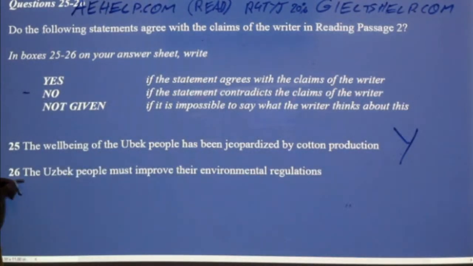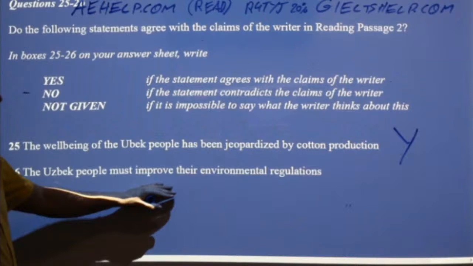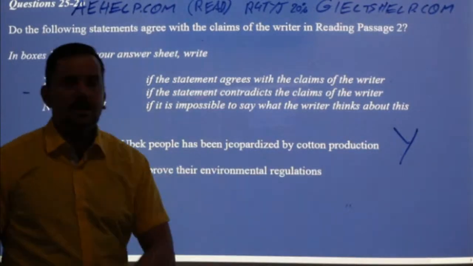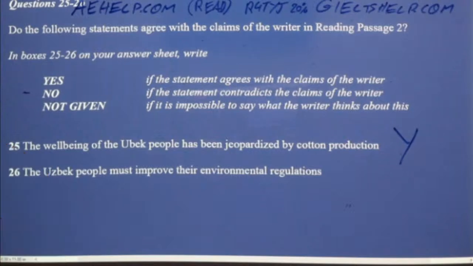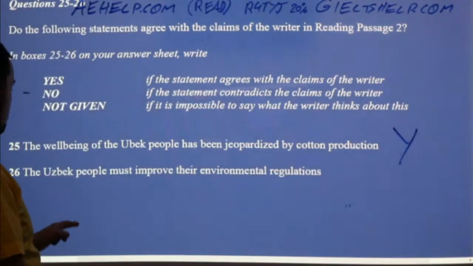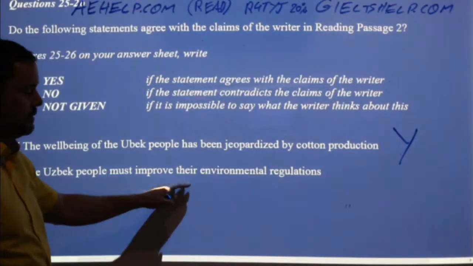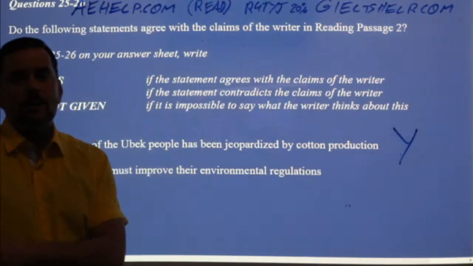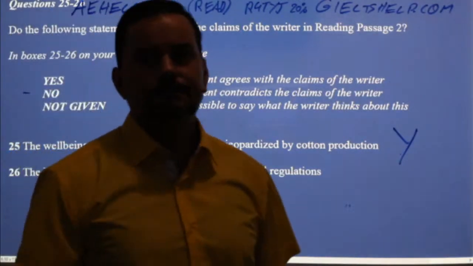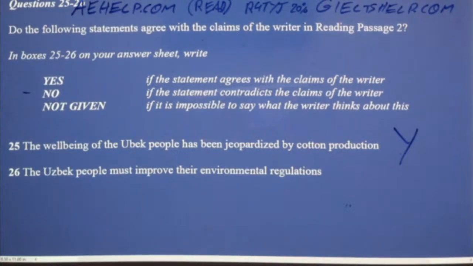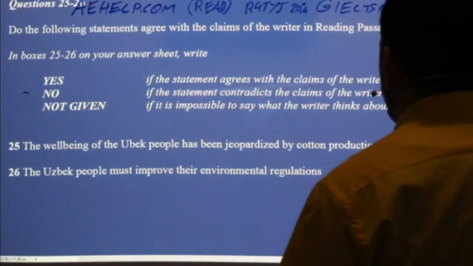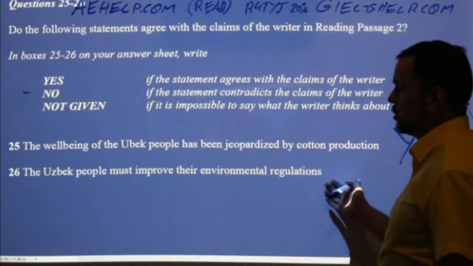26. The Uzbek people must improve their environmental regulations. Is that important to know for the passage? Nope. And Shiro Dijin says, no, it's not given, right? It seems like it should be important, but it's not.